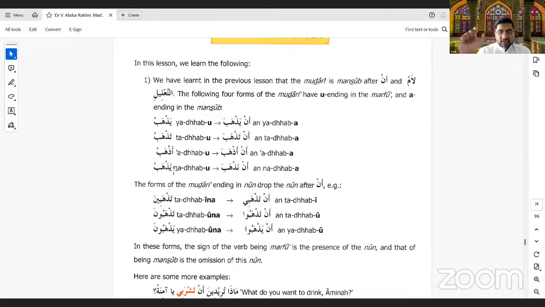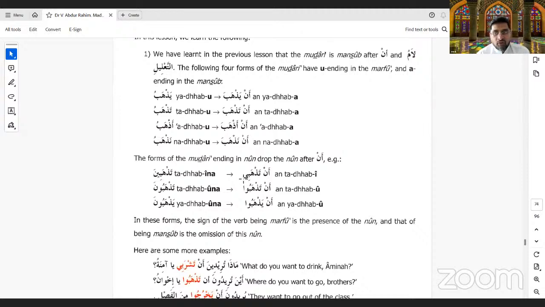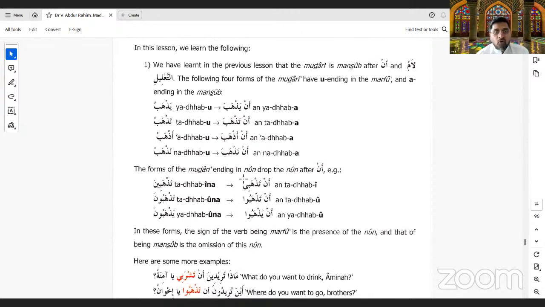So the context will indicate who is doing the action and the actual verb conjugation itself, but we will translate it as "to go". Yadhabu, to go; tadhaba, to go; adhaba, to go; nadhaba, to go. All of them give the same meaning, but the difference is that you have different forms of the verb indicating who is performing the action. And we use it for the masculine forms and for the feminine forms.